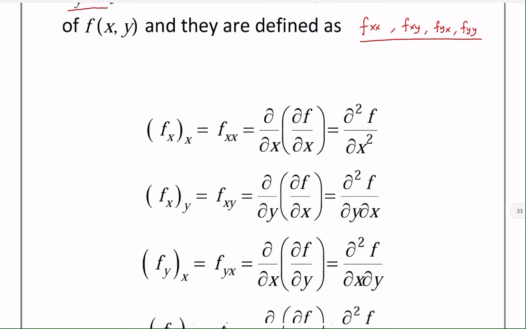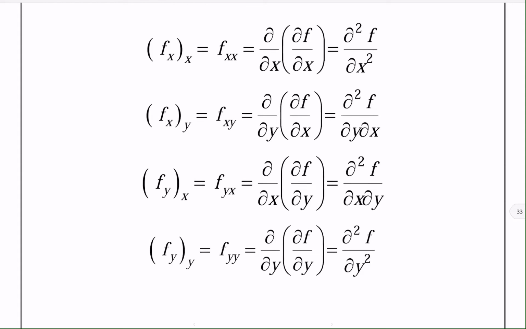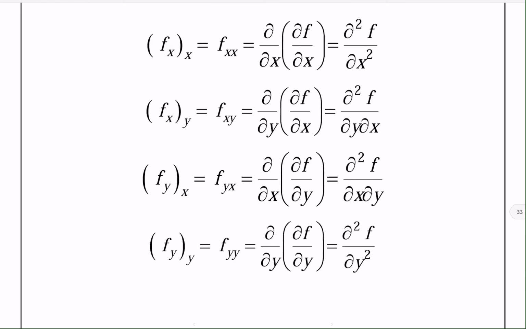So what is that? For fxx, meaning that we differentiate del x and del x again. So twice, meaning del squared f del x squared. For fxy, meaning that we differentiate del f del x and then we differentiate it again with respect to y.